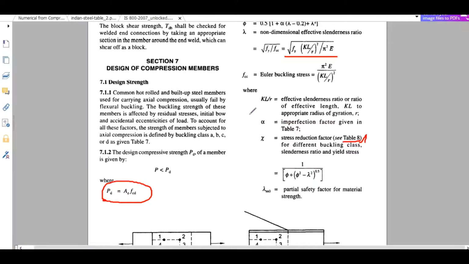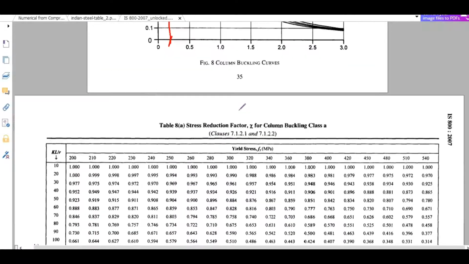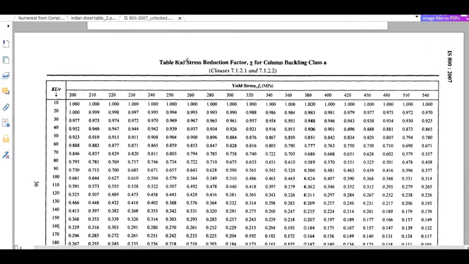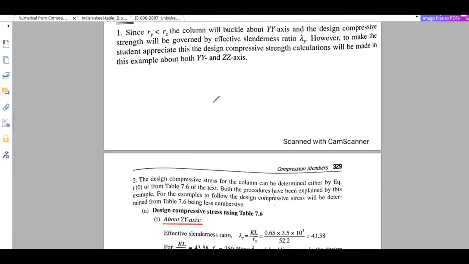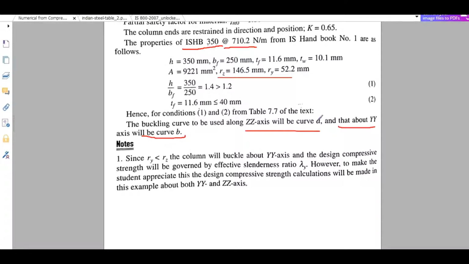So let us go to table 8. You can see there are four tables: 8a, 8b, 8c, 8d, for different classes of buckling. For the z-axis your buckling curve is a, for y it is b.